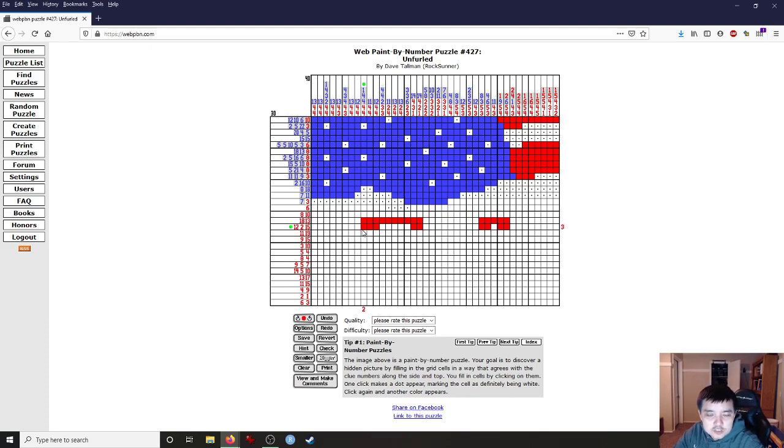Now we'll go down to this next row here. I was able to fill in some information from the columns. I think we could get at least that much in.